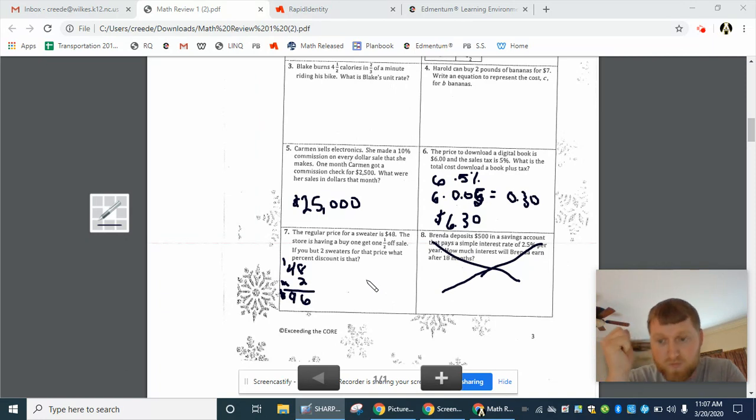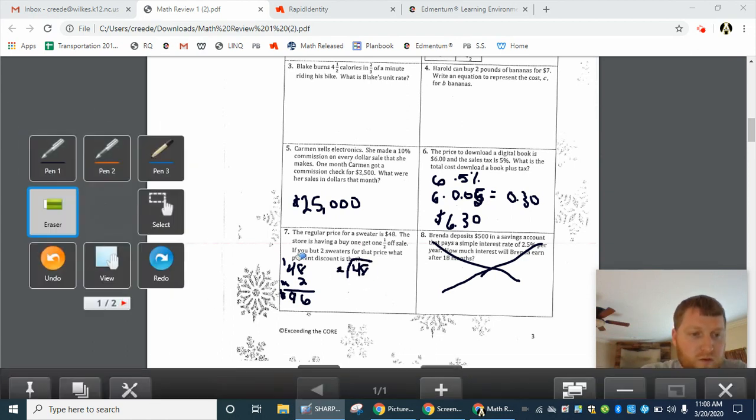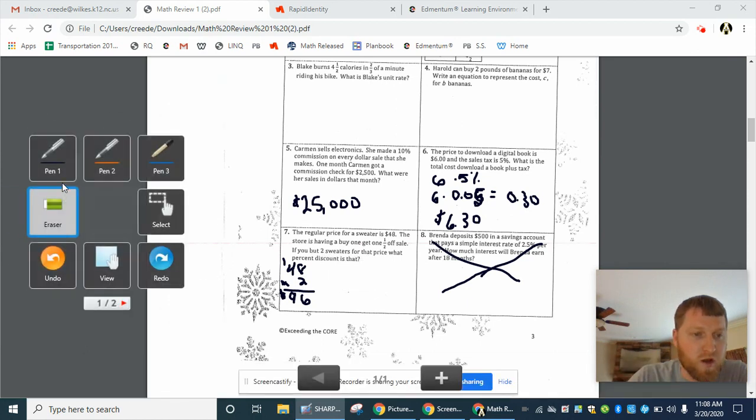Okay, all right. So let's talk about the buy one get one half off. Let's go ahead and figure out what half of 48 is. So 48 divided by 2. Let me write this over here. I don't want to cover up the problem.